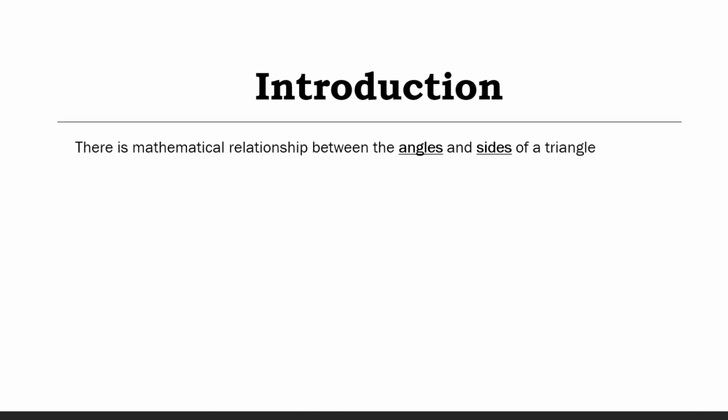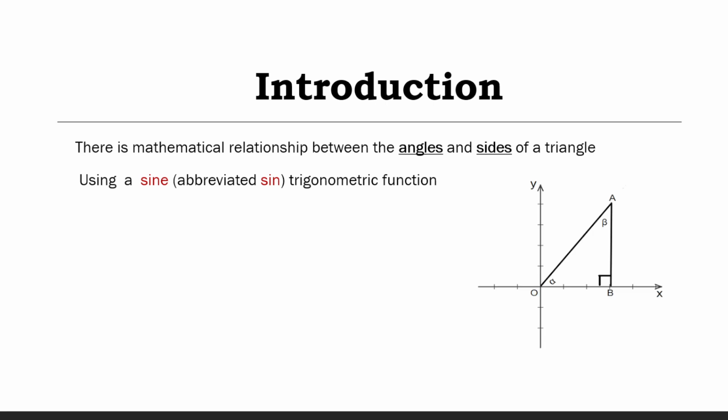Now, having applied what we have learned, that there's a mathematical relationship between the angles and sides of a triangle, we now want to apply one trigonometric function, which is called sine. Given the right angle triangle, we are going to see how we can apply this relationship of the angles and the sides.